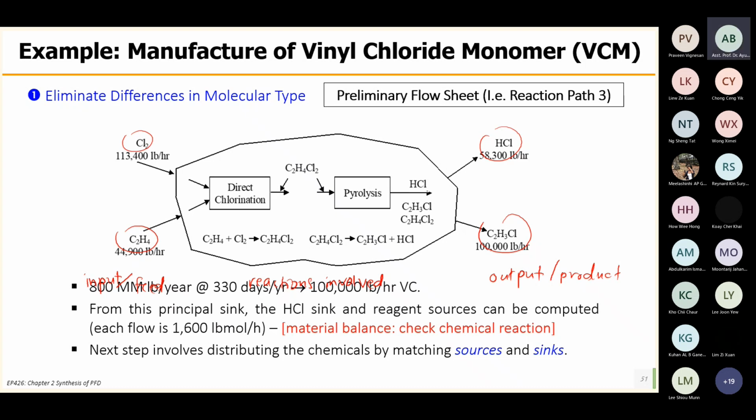Okay, so from here you are clear on what to proceed with. The next step involves distributing the chemicals by matching sources and sinks. Sources are the reactants, sinks are the products and byproducts.